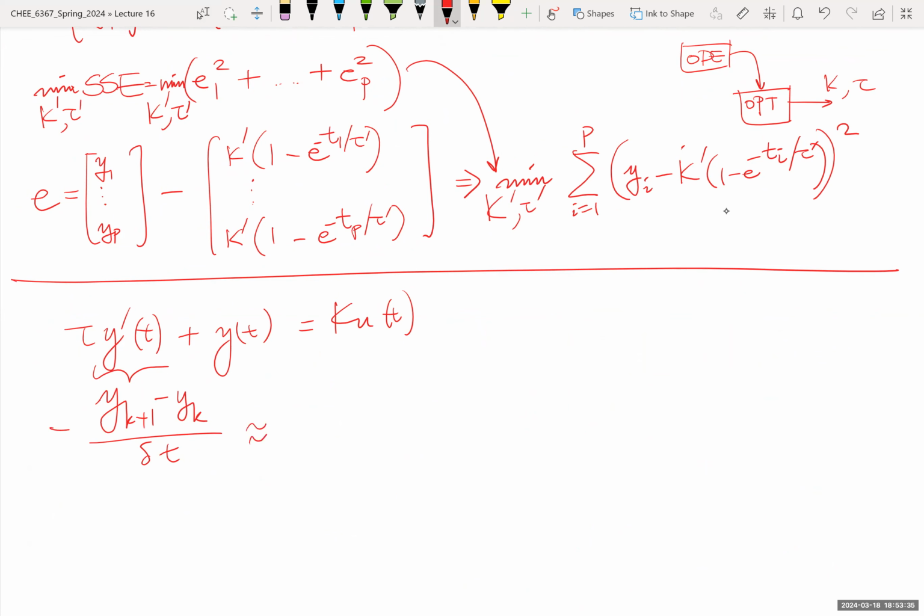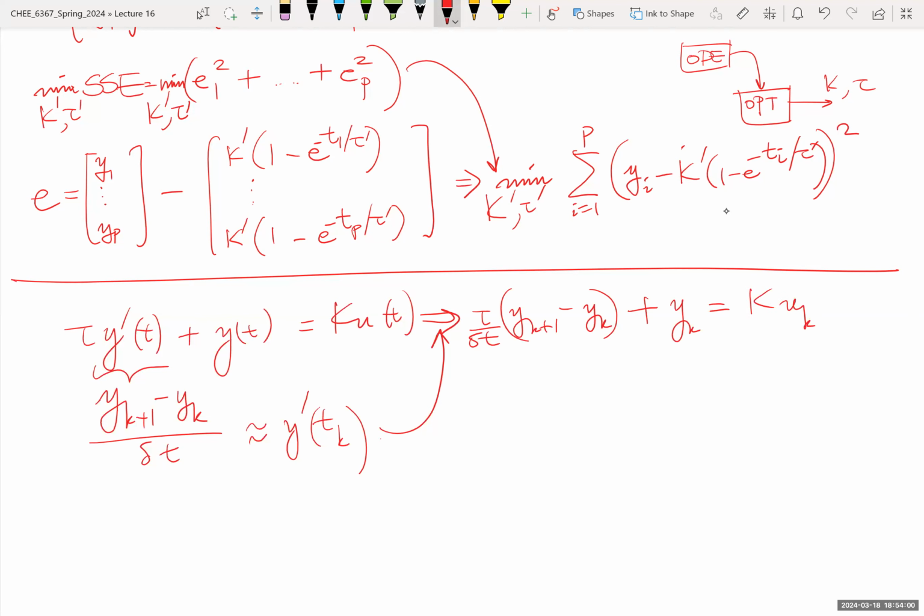So this is approximately equal to the derivative at time t_k, which means this is approximately tau times (y_{k+1} minus y_k) over delta t, plus y_k, equal to k u_k.